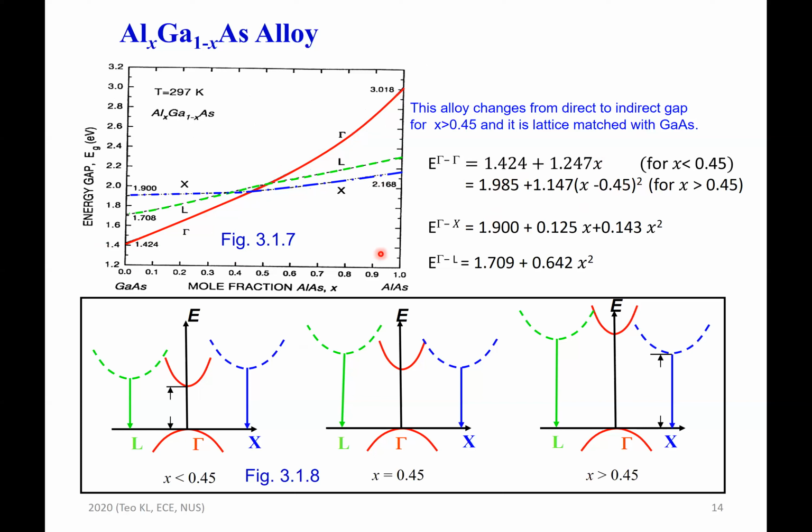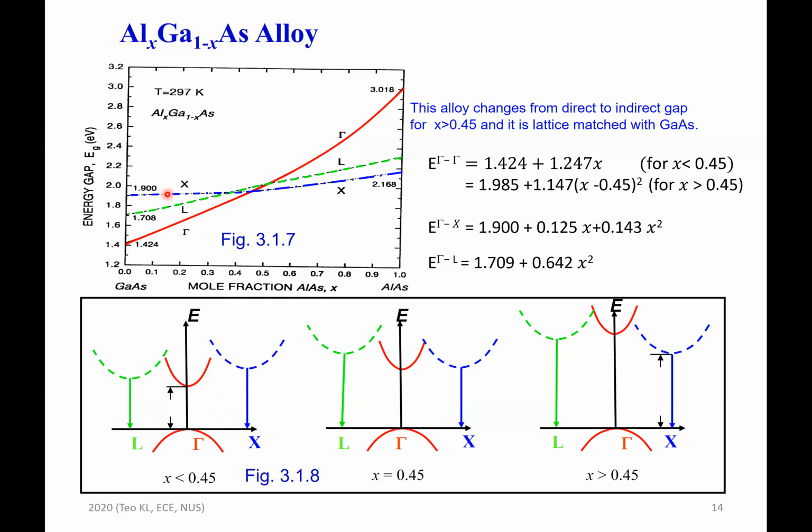Now, the X line is basically measuring from the bottom of the conduction band at the X value to the top of the valence band at the gamma value. The gamma value at the top of the valence band is always taken as the reference point. Again, as you change x, this gap also changes.